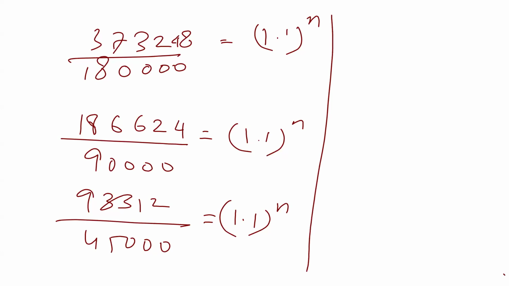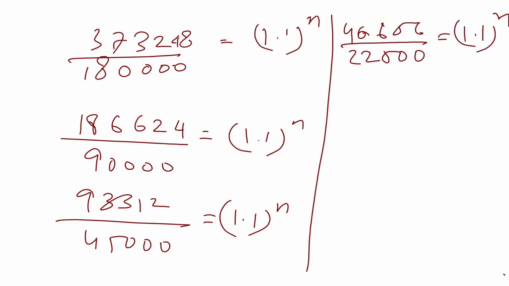So this is 46656 upon 45,000, which is also divisible by 2: 22500, which is 1.1 raised to n, right?